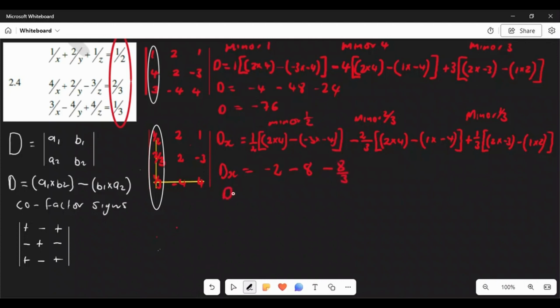So dx is actually equal to negative 38/3. All right, so this is our dx.